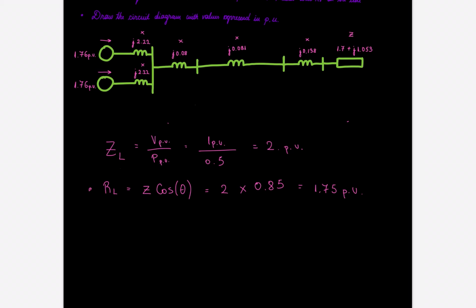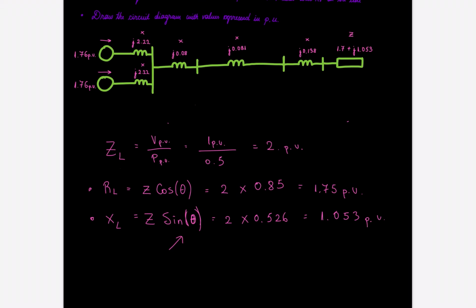Now let's find the imaginary part, so the reactance of the load. It's going to be Z sine theta this time. We found theta, and then you just put sine. So you're going to get 2 times 0.526 equals 1.053 per unit.